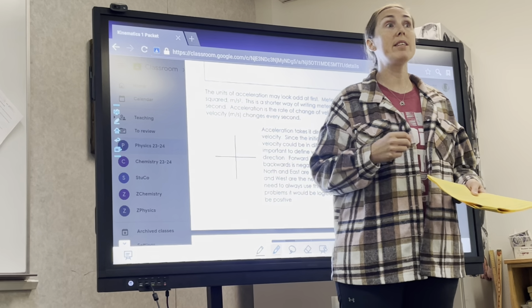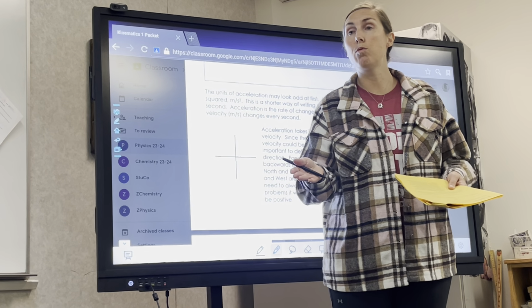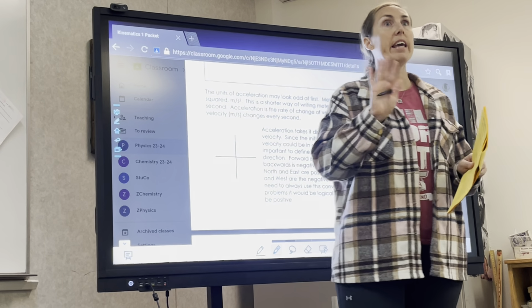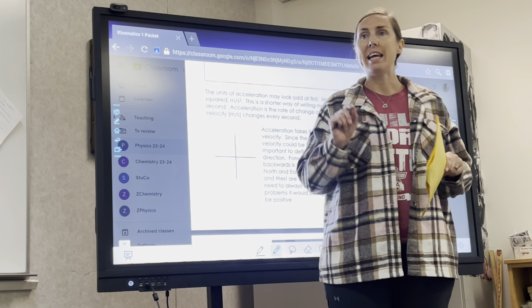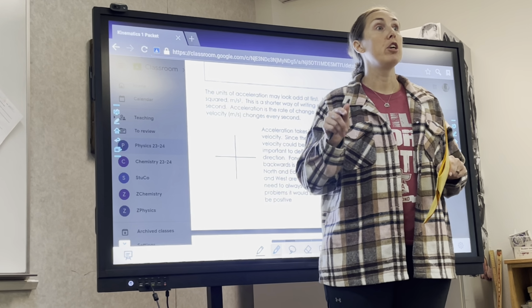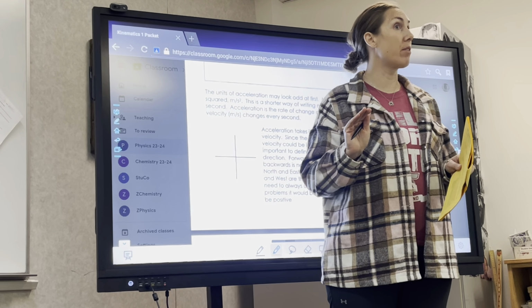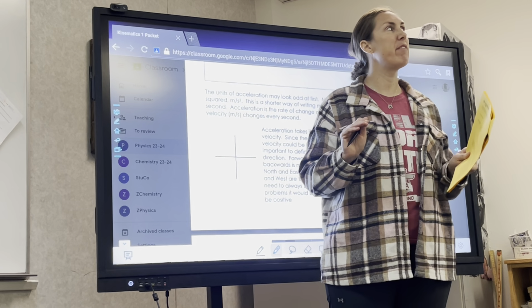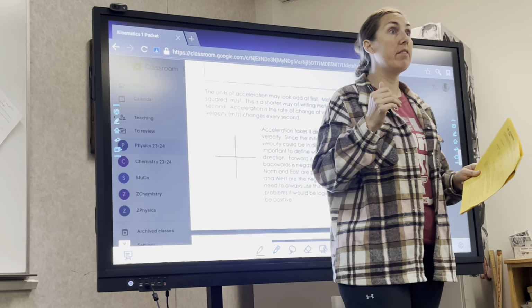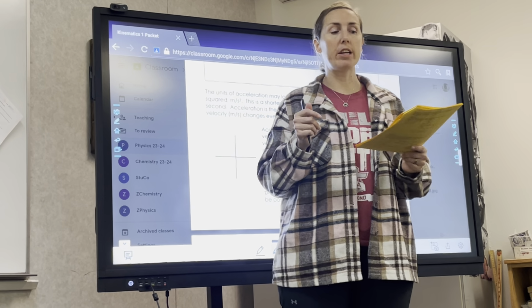If you accelerate a positive 1 meter per second squared, you are going faster, you're accelerating. If you accelerate negative 1, you're slowing down, you're decelerating. So positive signs and negative signs tell you about acceleration.